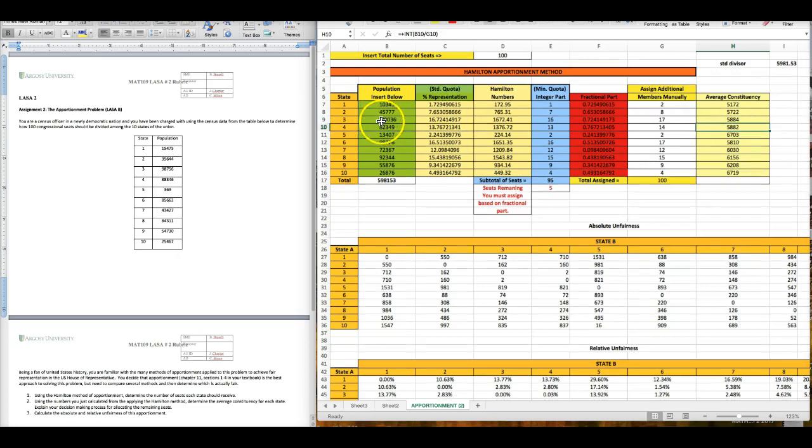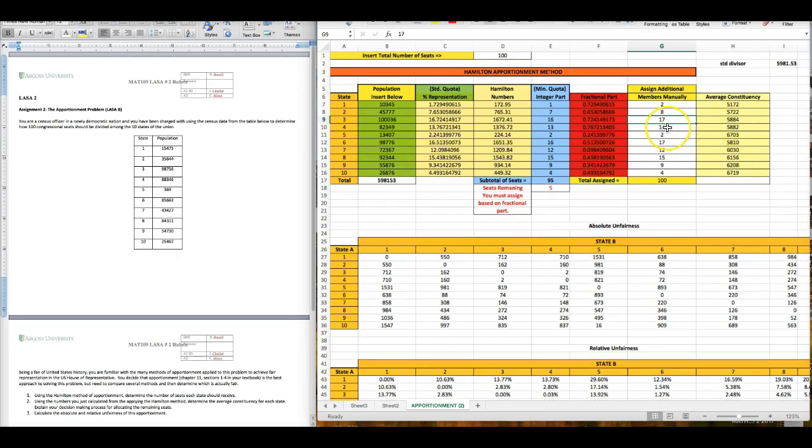So here, even though state number 3 has 17 representatives, these 17 representatives are working just as hard as these 14 representatives. So in all actuality, when we look at this, the state that has the lower population is working almost just as hard as a state that has a slightly bigger population.